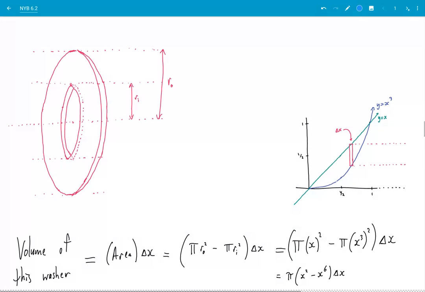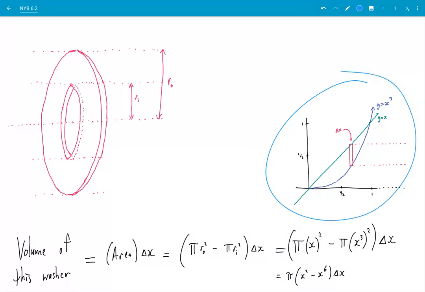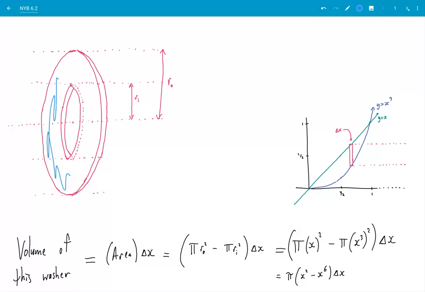And I'll let you pause and copy what's on screen now. Down in the right here is just for reference. We'll need this a little bit later. Okay, what's the volume of this washer? Well, we have an outer radius and we have an inner radius. So we have to subtract some circles. Okay, so the area of the face of this face here is a subtraction of circles.